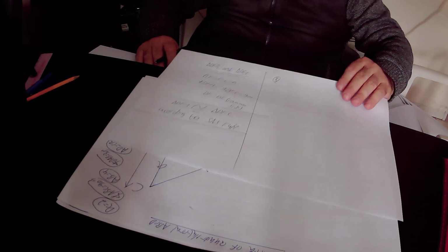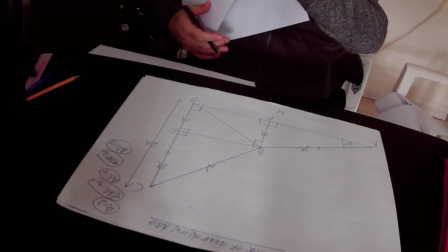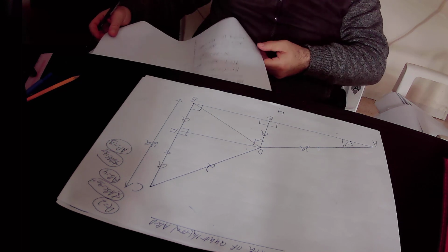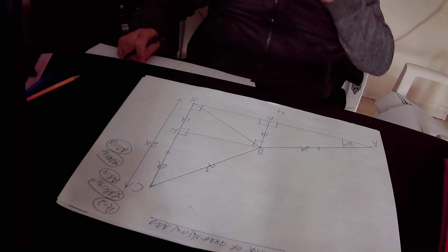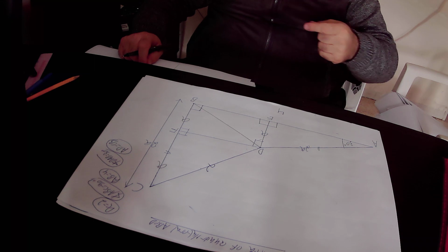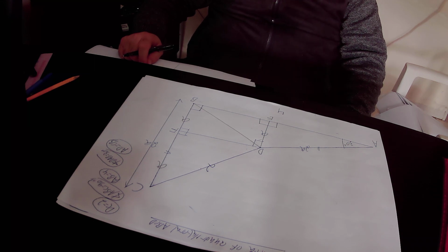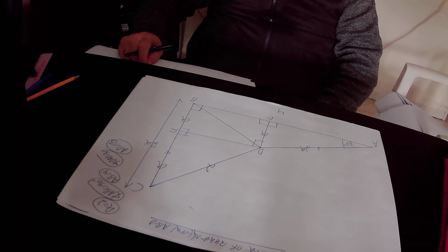So what is the side angle side rule? The side angle side rule is that if you prove that two sides and the angle between them in one triangle are congruent to two sides and the angle located between them in the other triangle, then you proved that those two triangles are congruent according to the side angle side rule.